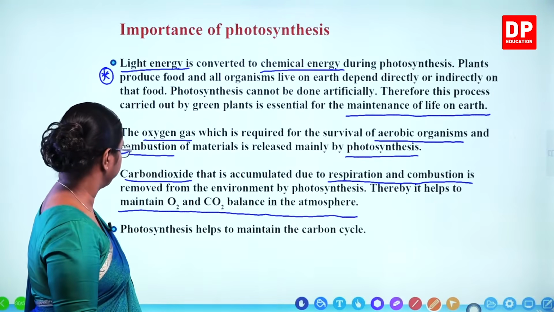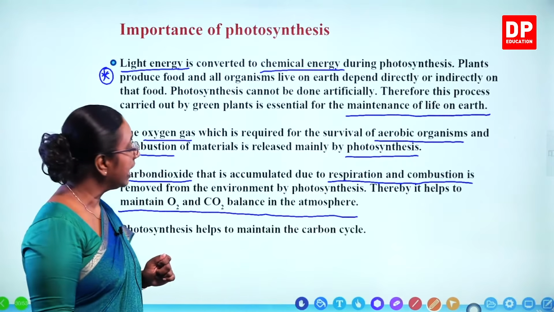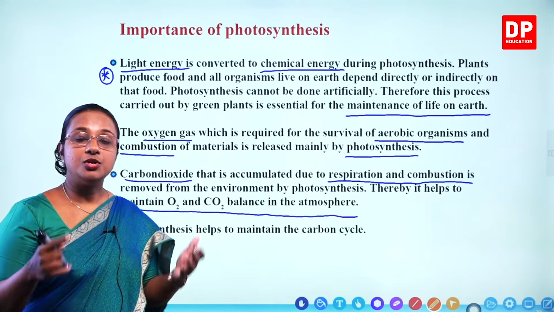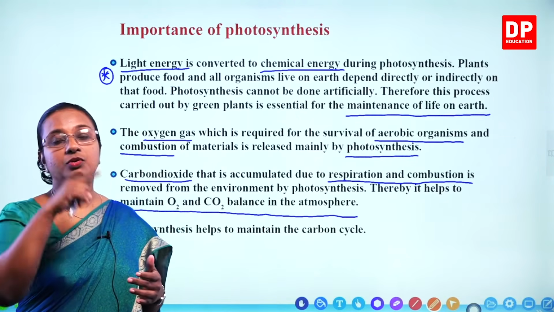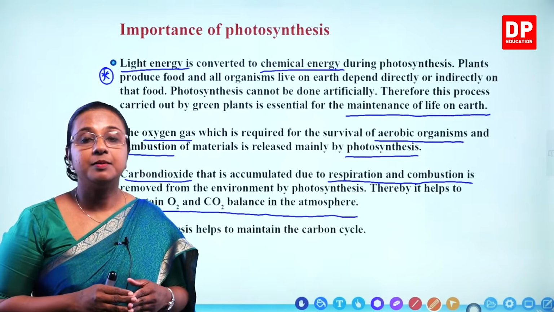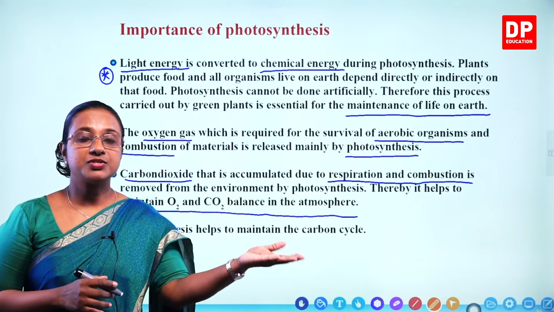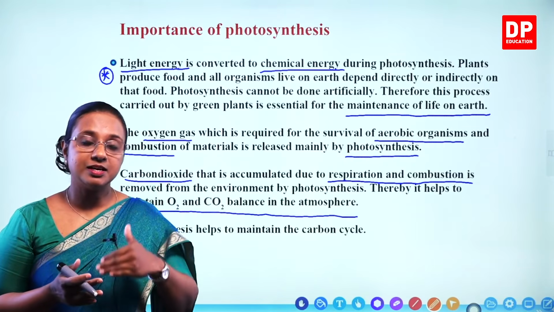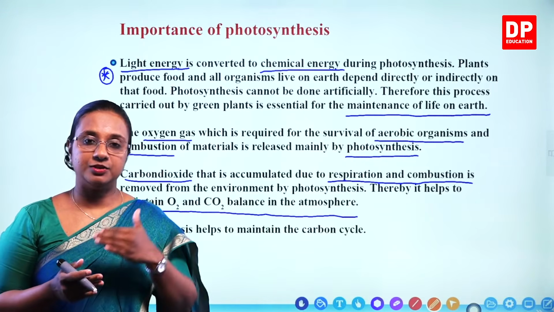And finally, photosynthesis helps to maintain the carbon cycle. You all know elements undergo changes in a cyclic manner. So carbon dioxide is absorbed by plants, then it is converted to glucose, then to starch.